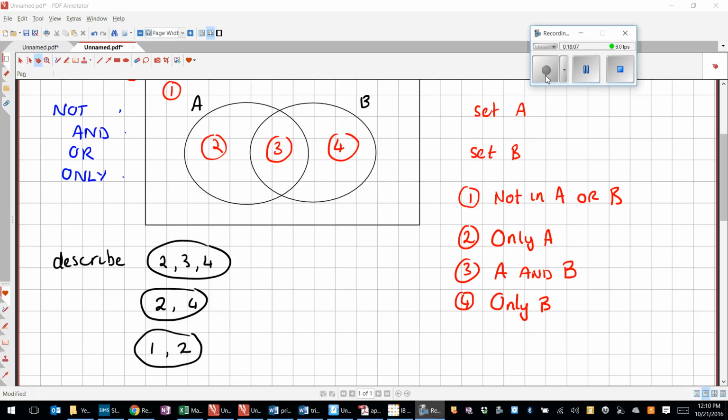I would like you to draw, I'm not going to ask you, because it's your business what you write. I'd like you to draw a Venn diagram, a separate one. I would like you to think about regions 1, 2, 3 and 4. Call set A something, say people with long hair.